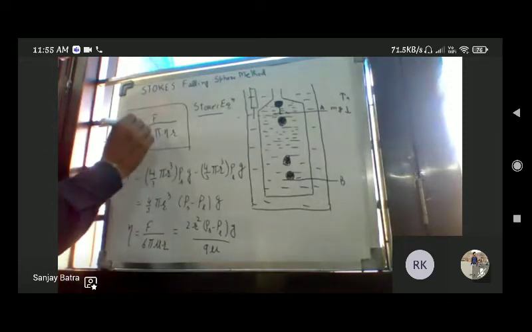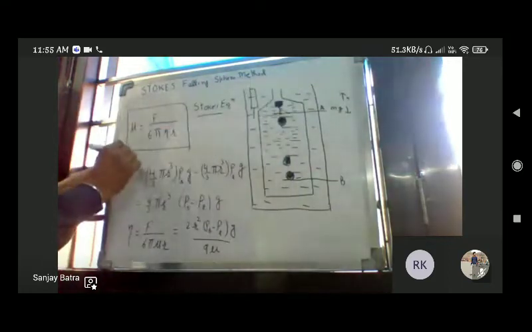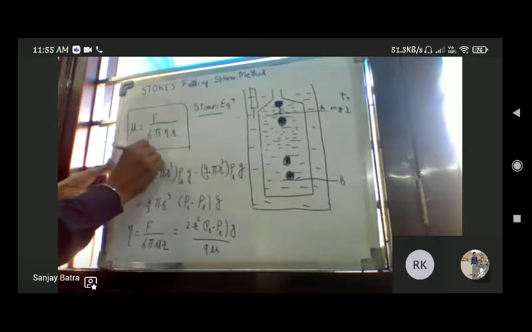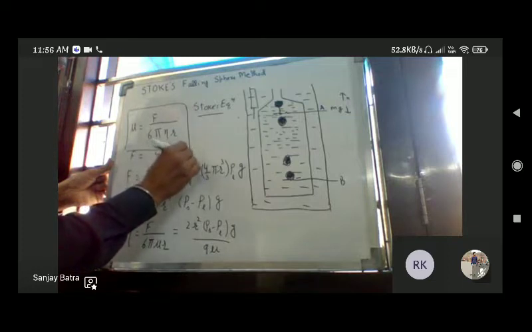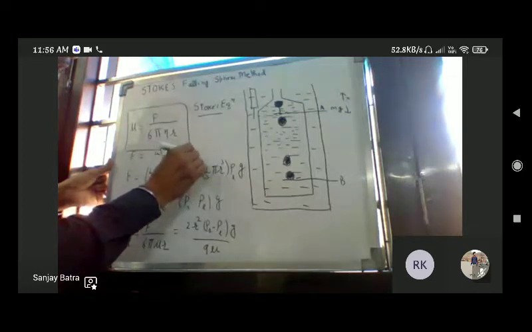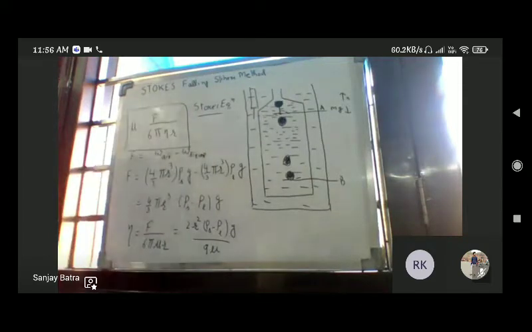Then this force which we are talking about is a net force acting on the spherical ball. Since there are two forces, this force is the weight of the sphere in air minus the weight of the sphere in the liquid. Main isko dobara se likh deta hoon, shayad aapko samajhne mein mushkil ho rahi ho.